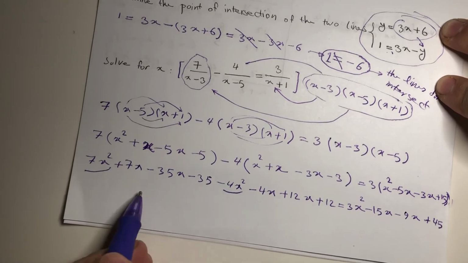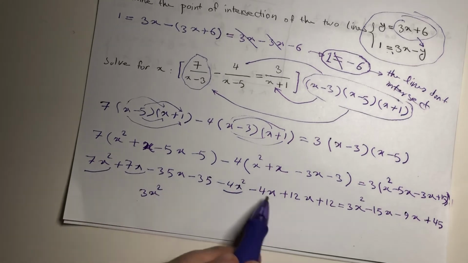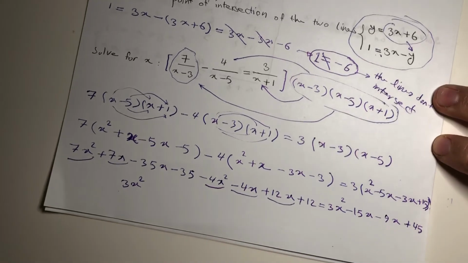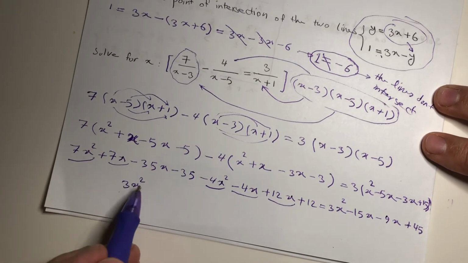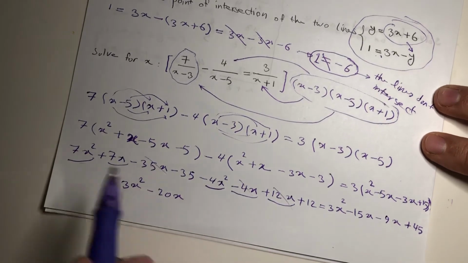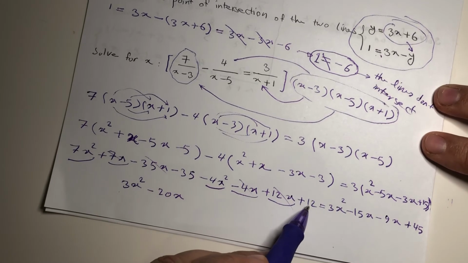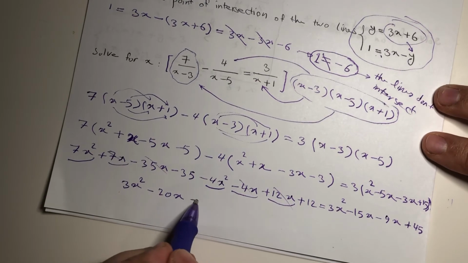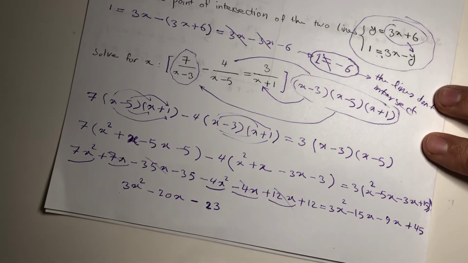7x squared minus 4x squared is 3x squared. 7x minus 4x is 3x, plus 12x is 15x. 15x minus 35x is minus 20x. Minus 35 plus 12 is minus 23, right?